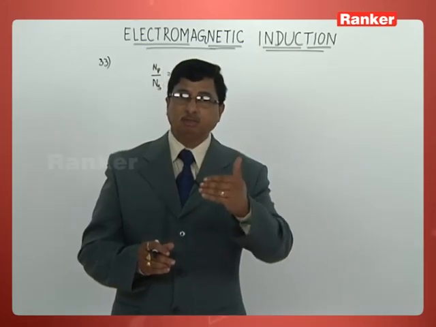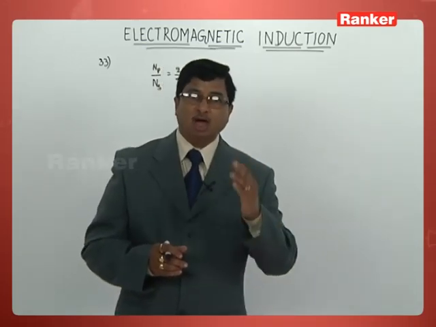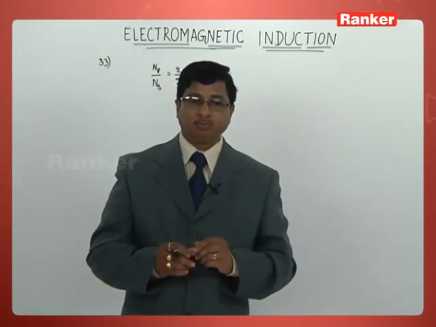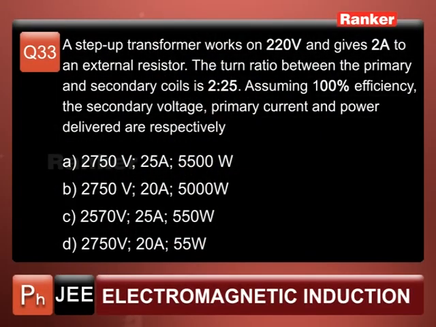That is, V1 by V2 must be equal to I2 by I1, as we used to write. What is he asking now? Assuming 100% efficiency, the secondary voltage, primary current and power delivered, that means output power, are respectively how much?